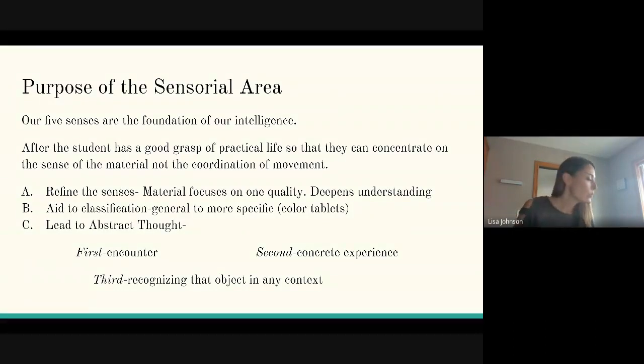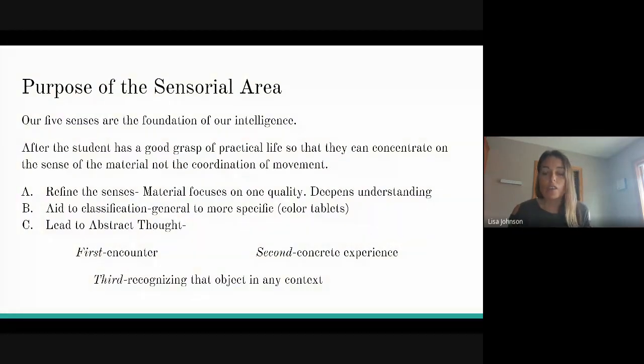All right, so the purpose is to refine the senses. The material focuses on one quality, and that is so it deepens our understanding of that one quality. It's an aid to classification, general to more specific. And I think the biggest example of that is color tablets. We have color tablet box 1. It's just our primary colors, red, blue, and yellow.